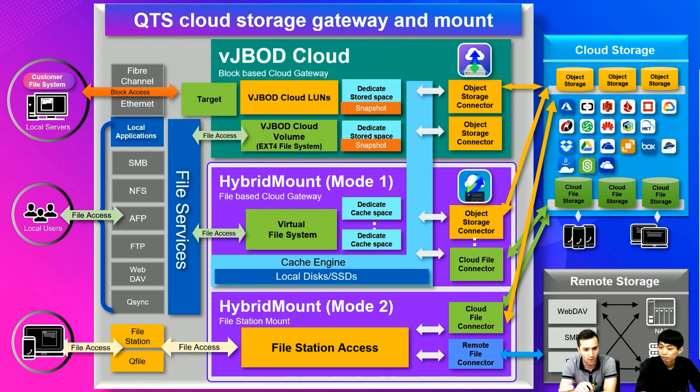First, we see the 2 modes as I announced in the beginning. We will talk in more detail about this, but we also have the VJBOD Cloud part, the block-level based cloud gateway.